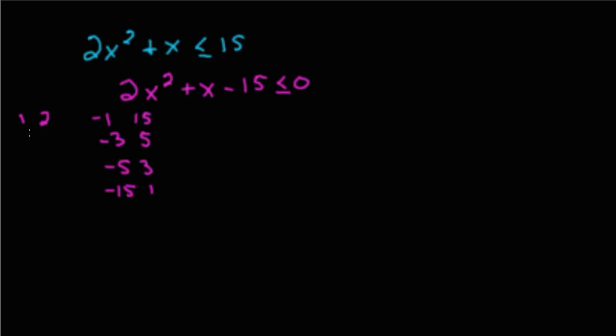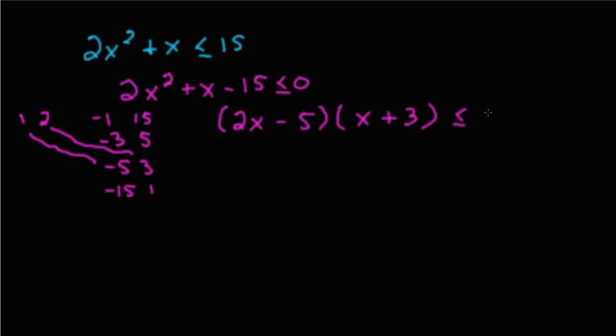A 1 times a negative 5 is negative 5, and a 2 times a 3 is a positive 6, and 6 minus 5 gives us a positive 1. So those are our factors. We'll write (2x + 3)(x - 5) less than or equal to 0.